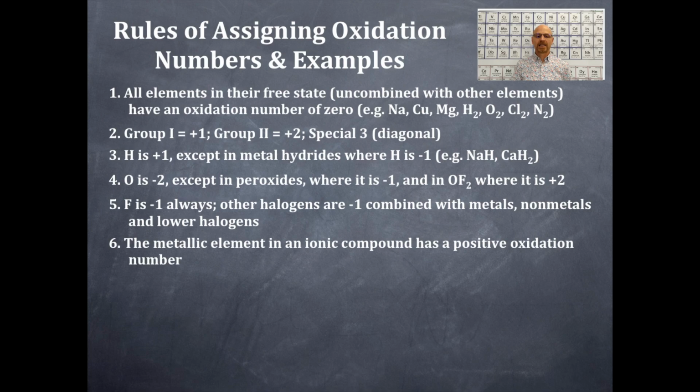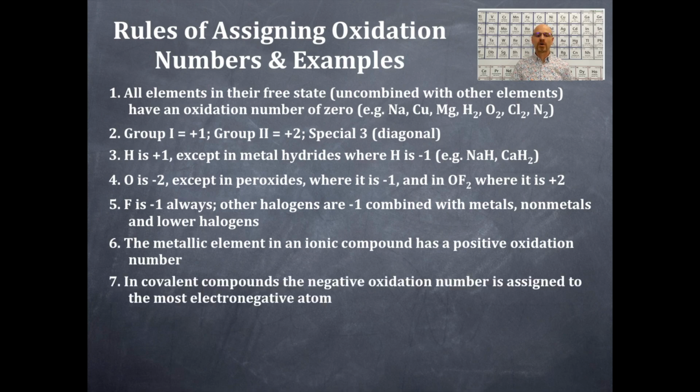The metallic element in an ionic compound has a positive oxidation number. And that goes back to saying that any one of these metals right over here, they're going to be cations. They're positive. They have lost electrons, and therefore the nonmetals, they are gaining electrons. We've already talked about that in nomenclature many, many years ago, it seems like.